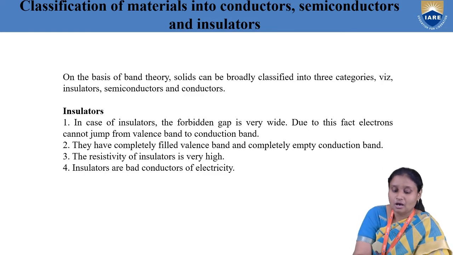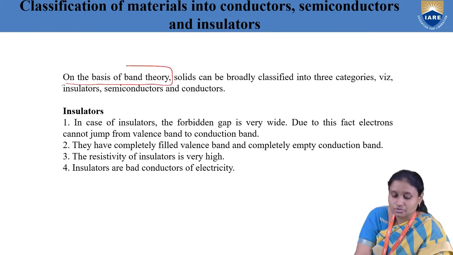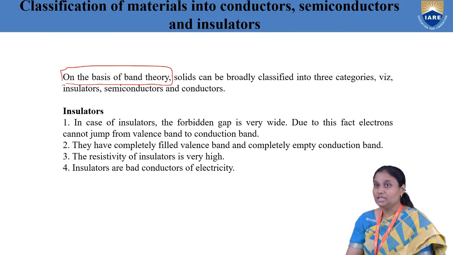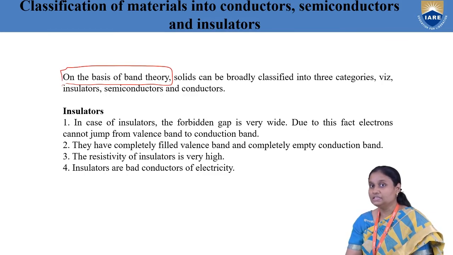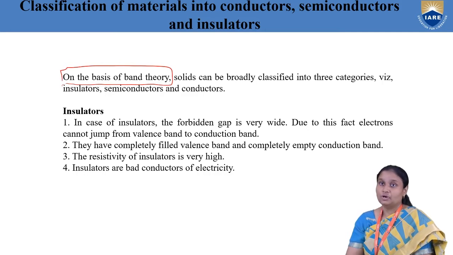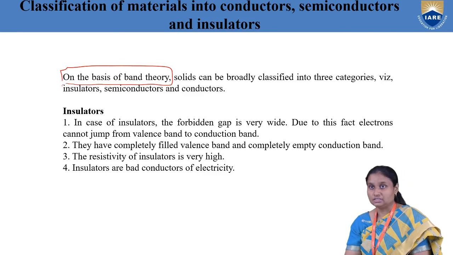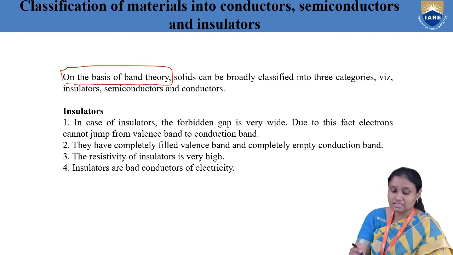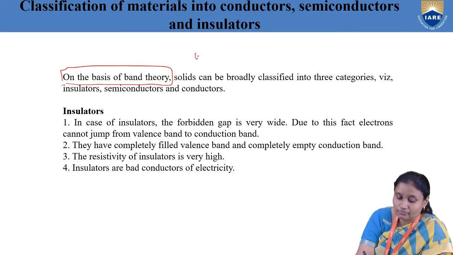So now comes the important conclusion of our band theory. What is the main significance of band theory? It is able to explain why solids are classified as conductors, semiconductors and insulators. And on what basis do we have this classification? It is based on the width of the forbidden energy gap.